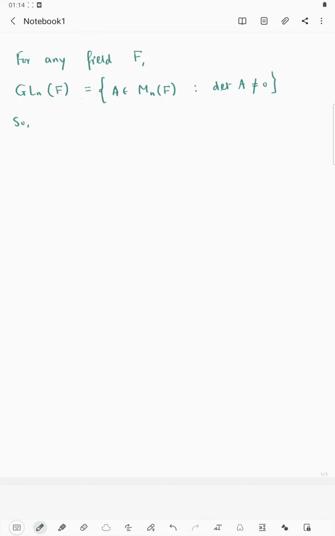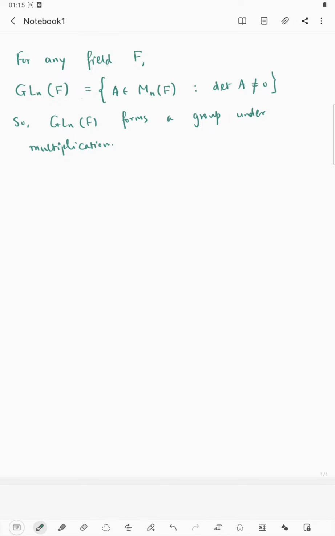So GLN F forms a group under multiplication, and those of you who are familiar with some algebraic geometry and algebraic groups know that this GLN is an algebraic group, in fact a connected reductive algebraic group.